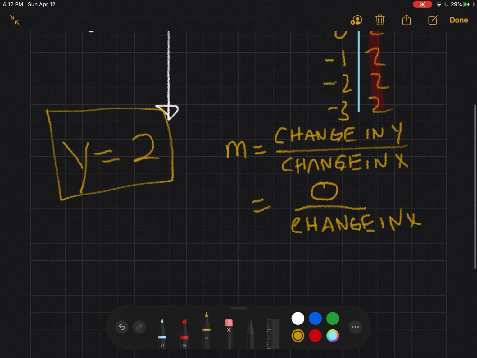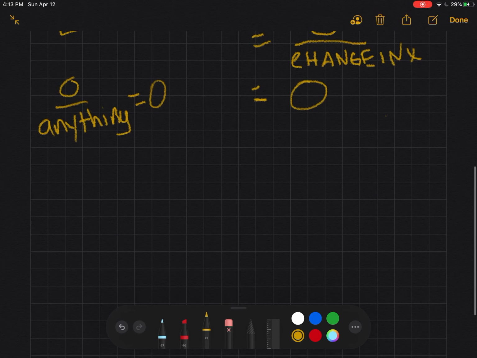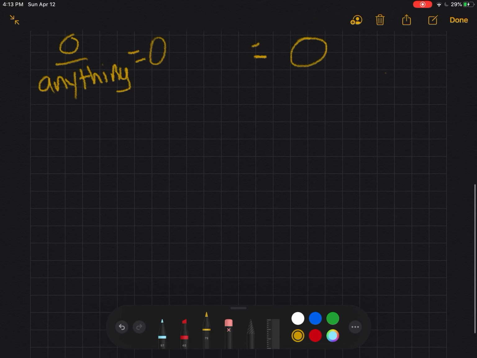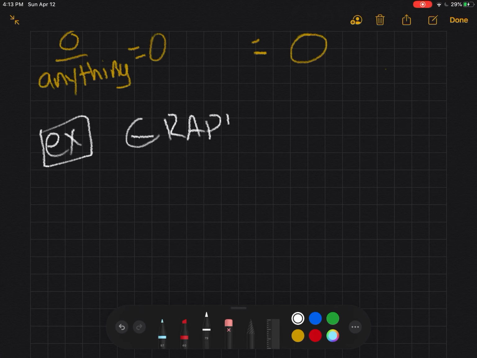And x is changing. So from point to point, x is changing, but it actually doesn't really matter what that change is, because 0 divided by anything is equal to 0. So 0 divided by this change in x is equal to 0. So the slope for our horizontal line is always 0.